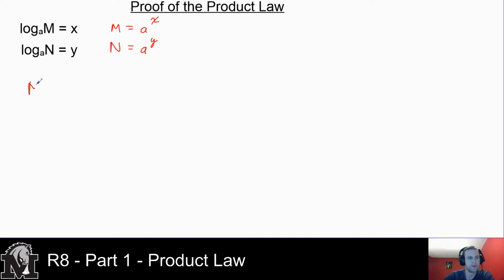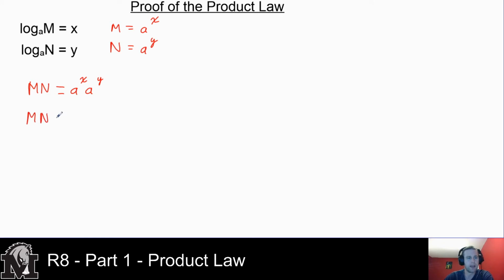So next thing I'm going to do is I'm going to say m times n is equal to, well, m is a to the power x, and n is a to the power y. So m times n is a to the x times a to the y. Now using the exponent rule we had before, we know when we're multiplying two numbers together that have the same base, we can add their exponents.